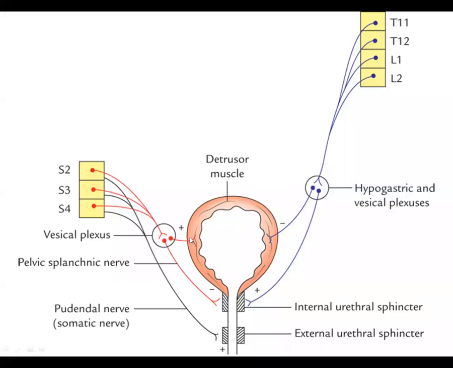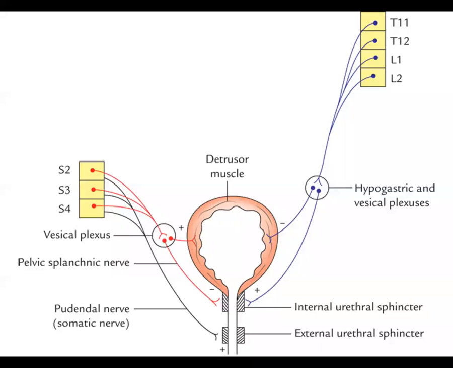Motor to the detrusor means it will bring about contraction of this muscle, and inhibition of the sphincter. So if the bladder is contracting and the sphincter is relaxed, there will be micturition. So the parasympathetic brings about micturition, and the sympathetic brings about the holding of urine.